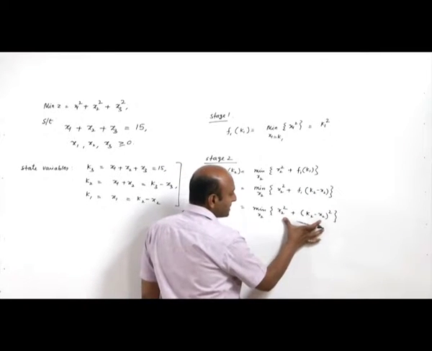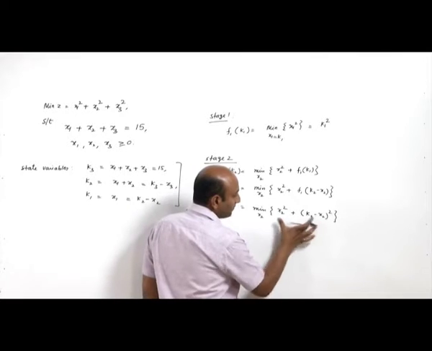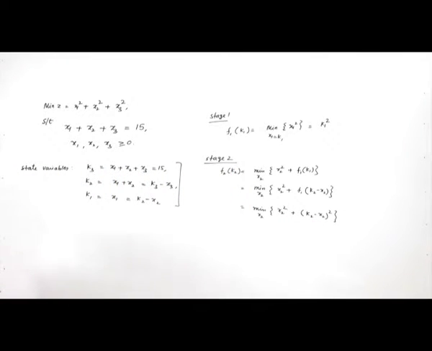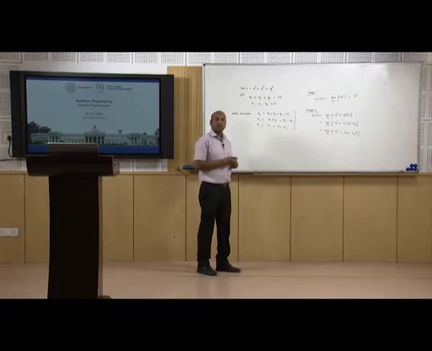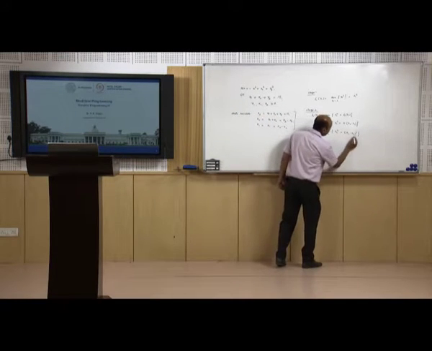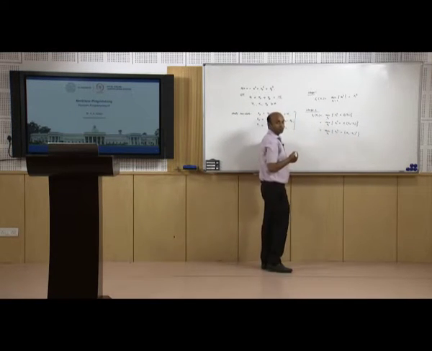Now we have to minimize this function, and it is of only one variable, x2. So we can use the concept of derivative. We simply differentiate this function and put it equal to 0.